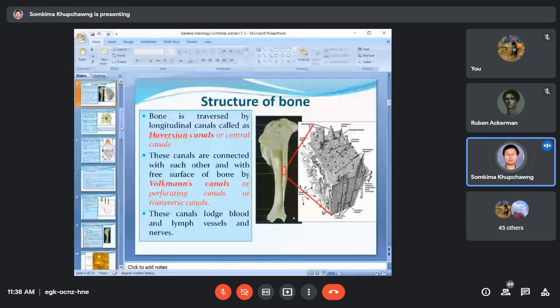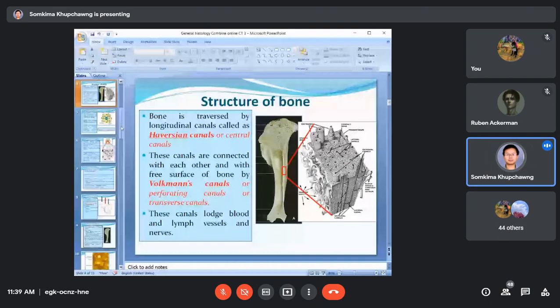Within these lamellae, lacunae are seen, which accommodate the osteocytes. Here we can see the concentric lamellae. In the concentric lamellae, we can see lake-like structures, right? These are nothing but lacunae, or spaces.